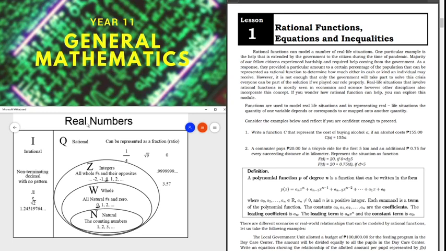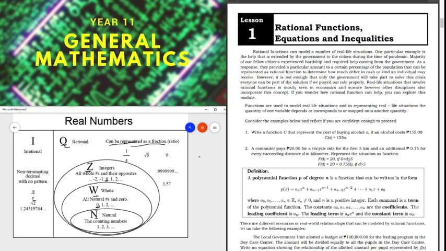It is under the real numbers. So again, rational can be represented as a fraction or ratio. Integers, whole numbers, and natural numbers can be rational.